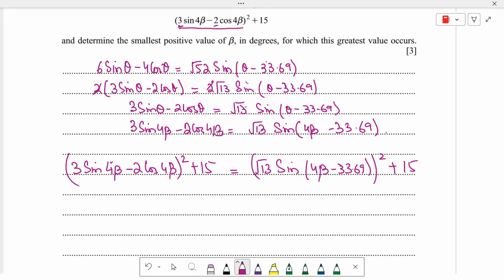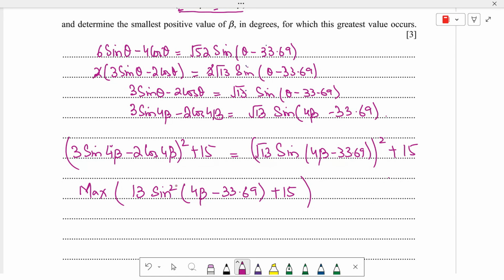And we need to find the maximum value of this expression. The square of under root 13 is 13, and the square of the sine is sine square of 4 beta minus 33.69, plus 15. We need to find the maximum value of this expression.